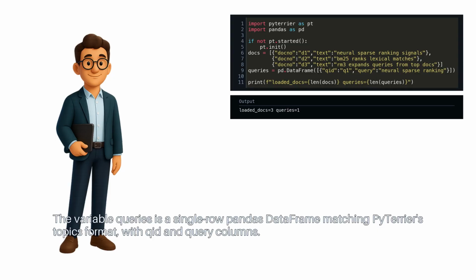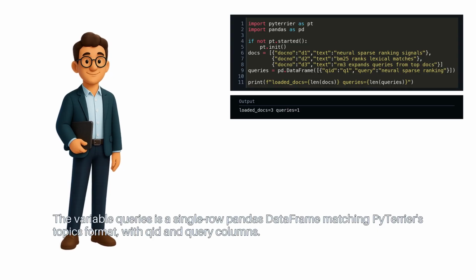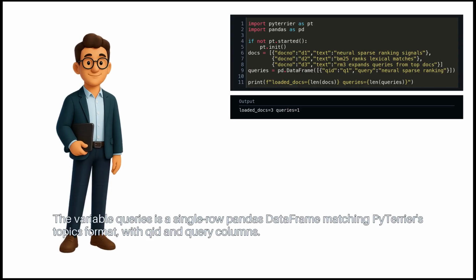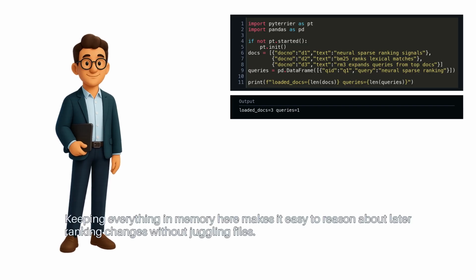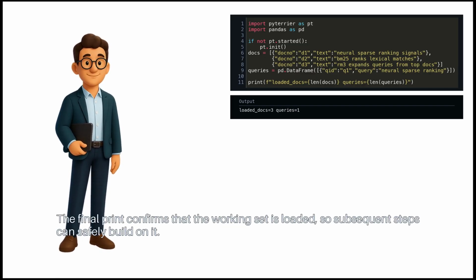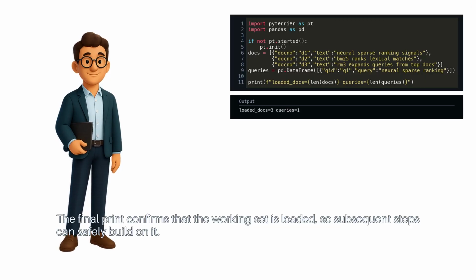The variable queries is a single-row pandas data frame matching PyTerrier's topics format with qid and query columns. Keeping everything in memory here makes it easy to reason about later ranking changes without juggling files. The final print confirms that the working set is loaded, so subsequent steps can safely build on it.